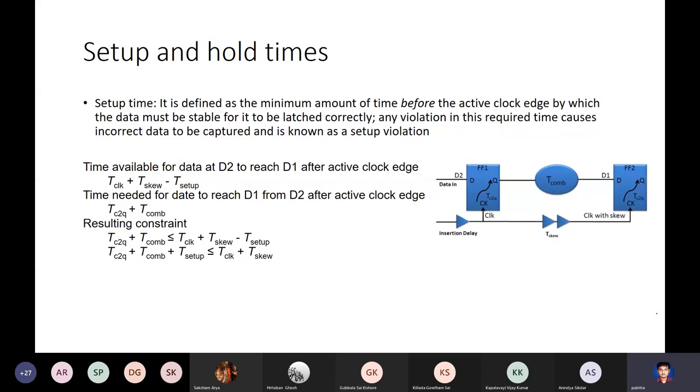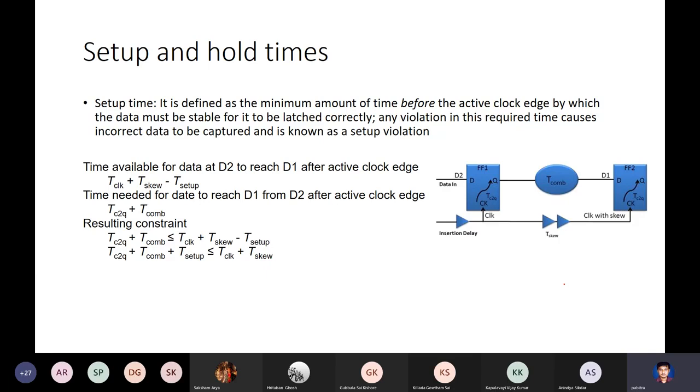Okay, and similarly there is a feedback. Sorry, there is no feedback here. There are two latches. D1, the time required from D1 to D2 after an active clock cycle is T C2Q. This delay in the latches from clock to Q, T C2Q, is part of the setup time.